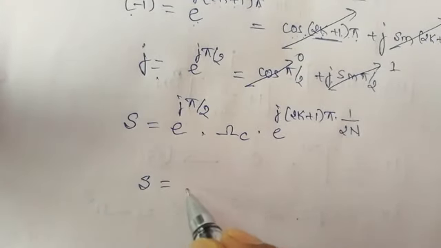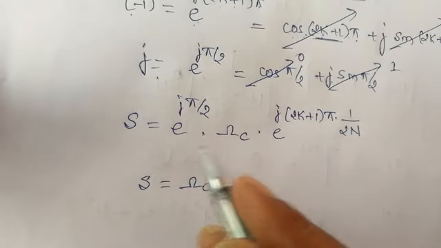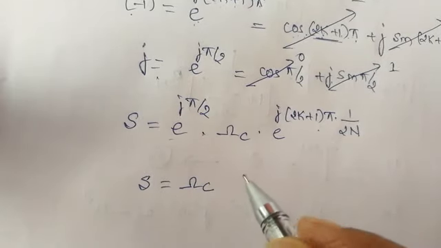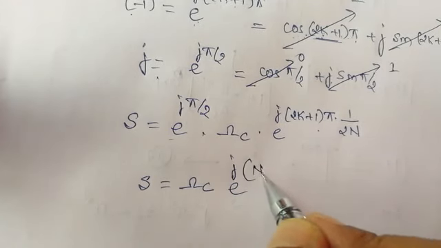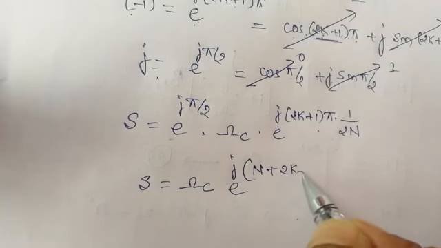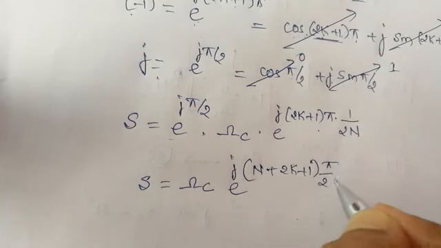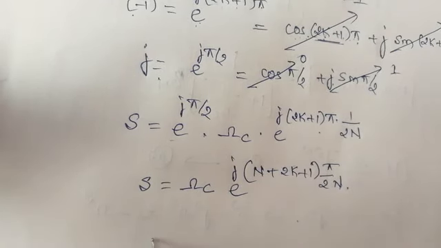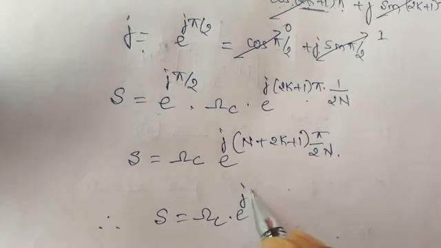For the simplification, s equal to omega c, I will take the common terms of these two power terms. I am taking the common, e to the power j, (pi by 2) plus (2k plus 1) into pi by 2n. Hence s equal to omega c into e to the power j theta.